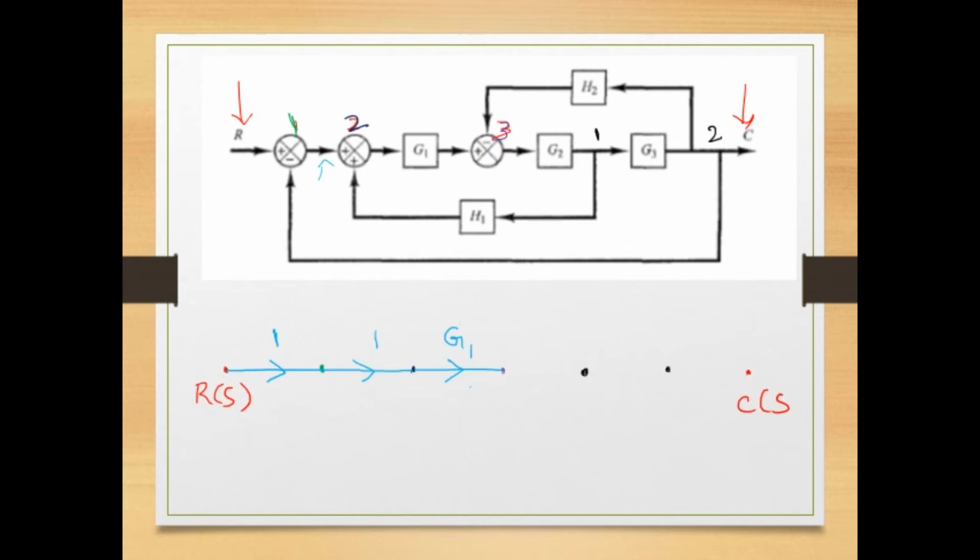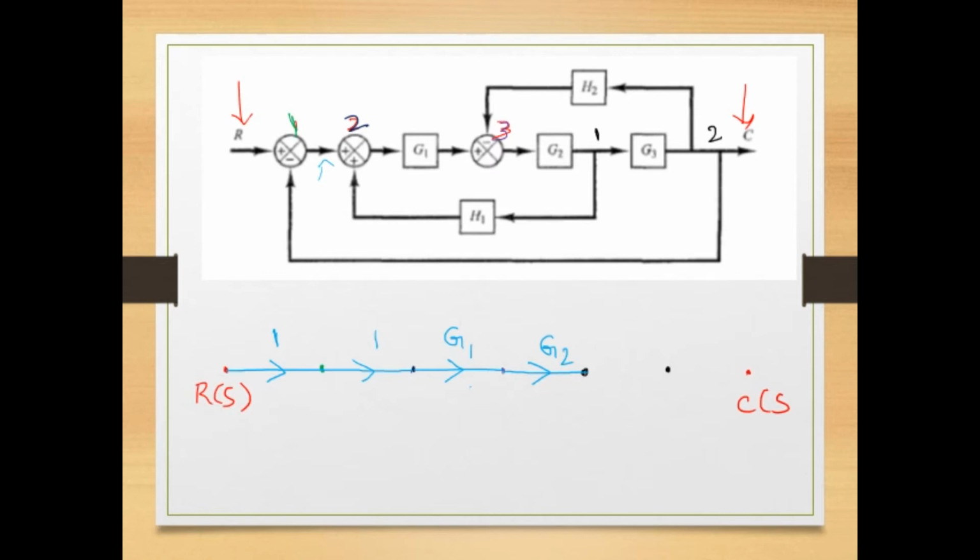I have one more takeoff point, that is the second takeoff point, which I represent by one more node. So what is the gain between the third summing point and the first takeoff point? It is G2. So I draw a line between those two. It's nothing but a branch with gain G2.